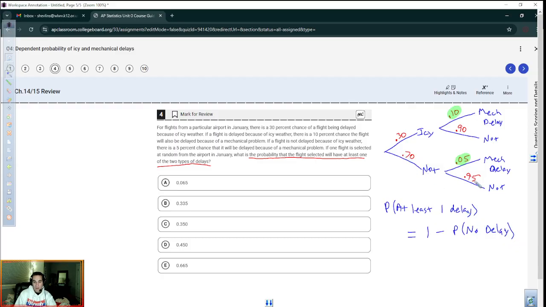And that's this bottom branch down here. So the 0.70 times the 0.95. If you multiply those two, that's the no delay. 1 minus that, boom, you have the answer. 1 minus 0.665, you get 0.335.